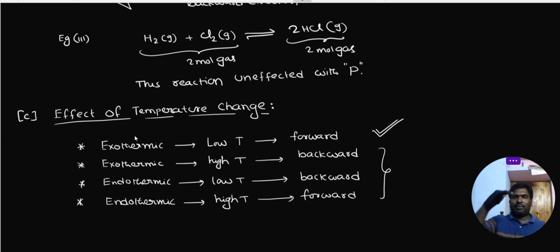For example, up to a particular optimum temperature, if you are increasing the temperature, even though it is an exothermic reaction, it is liberating heat energy. Up to a particular temperature it is liberating heat energy, which means exothermic reaction only.